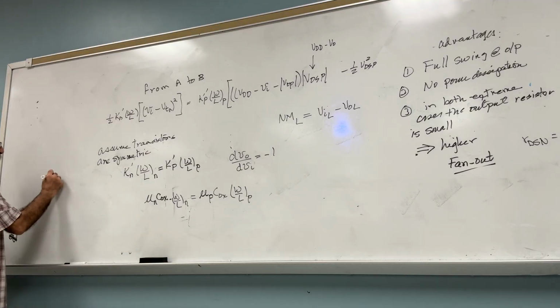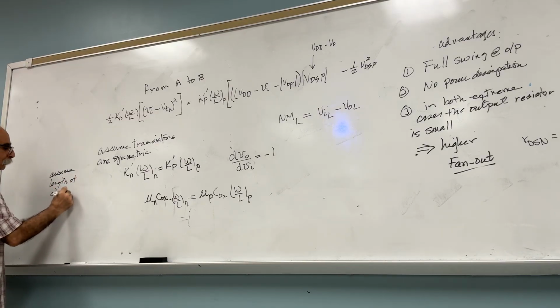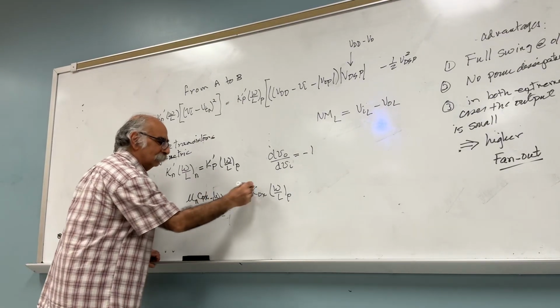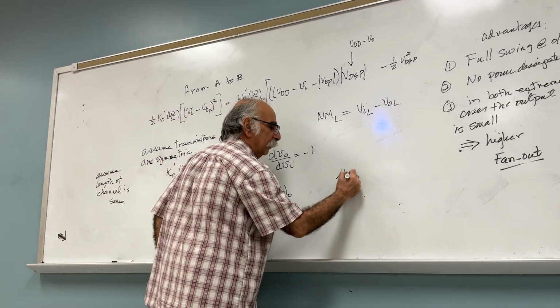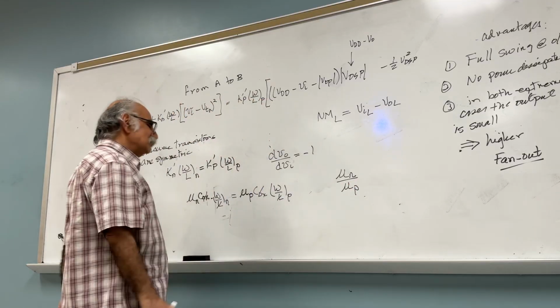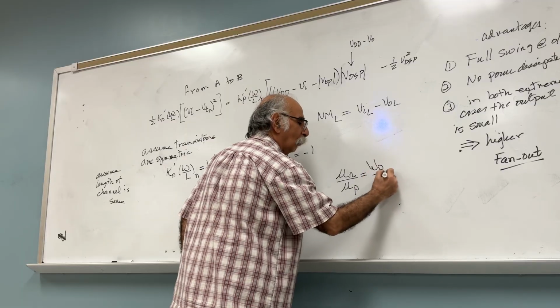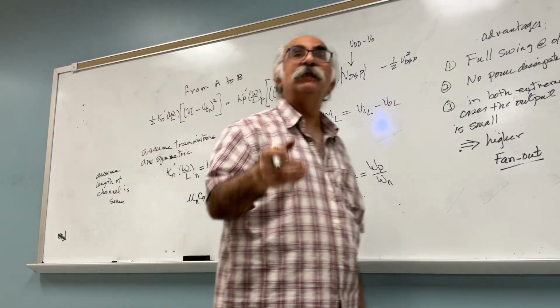Assume the length of the channel is the same. Which means what? L is the same. COX cancels, L cancels, and what do I end up with? Mu N over mu P is equal to WP over WN. By the way, we are going to talk about sizing next week.